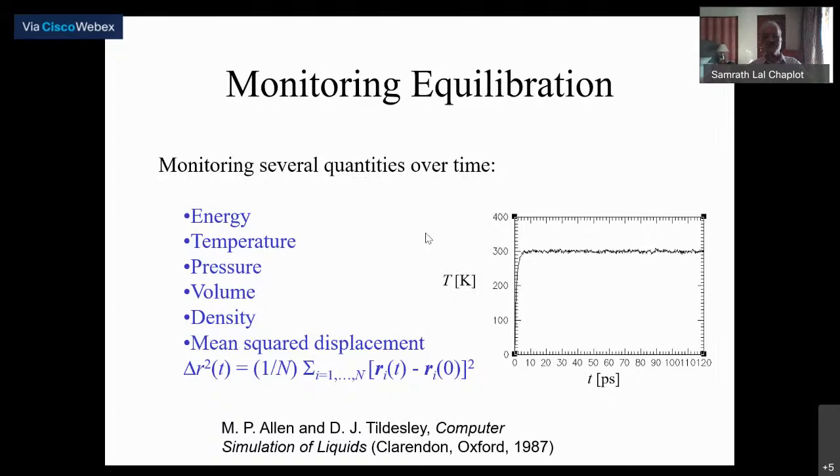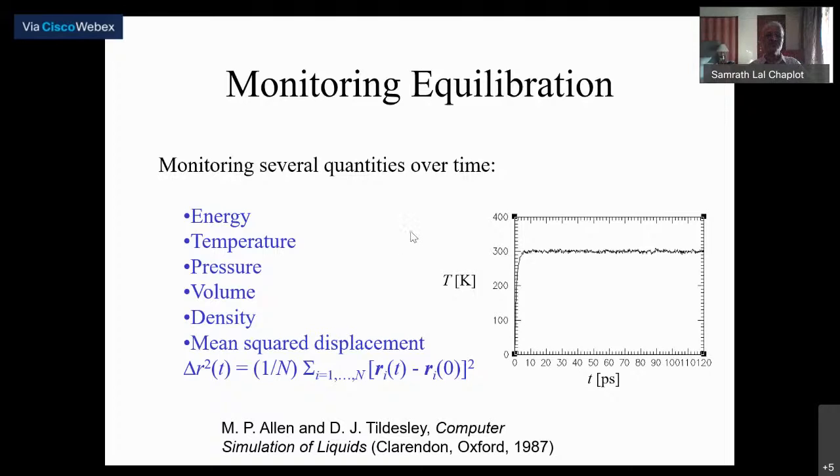Even the parameters of the simulation box, namely a, b, c, and the corresponding alpha, beta, gamma, the lattice vectors that we have, can also be part of your equation of motion, in the sense that those quantities can also change as a function of time.